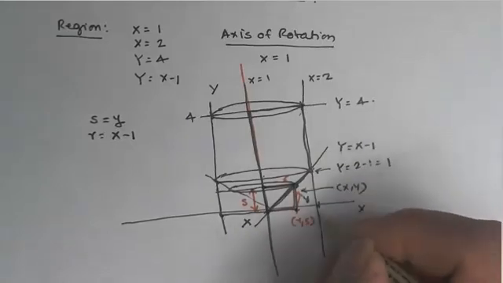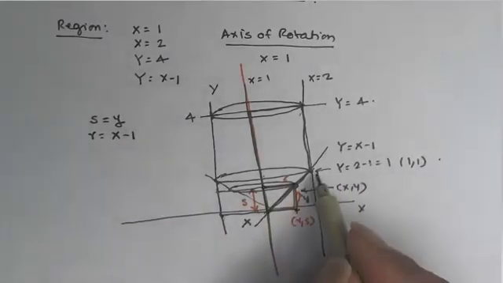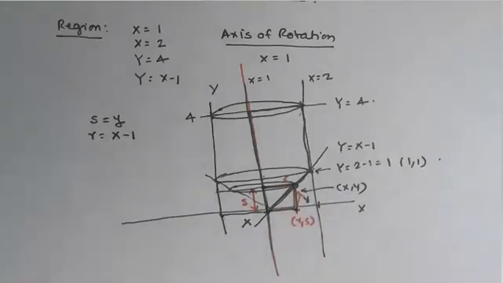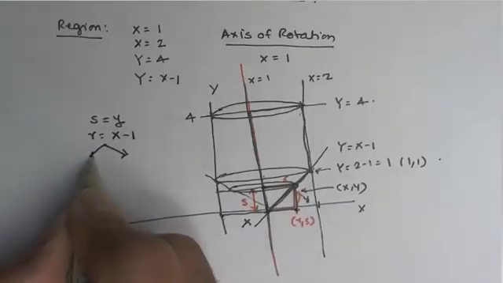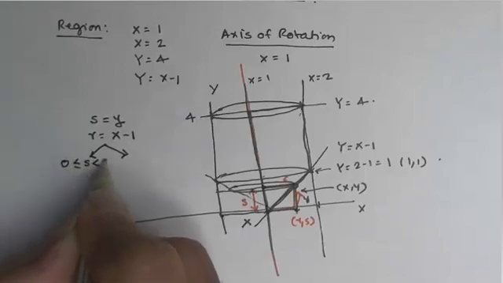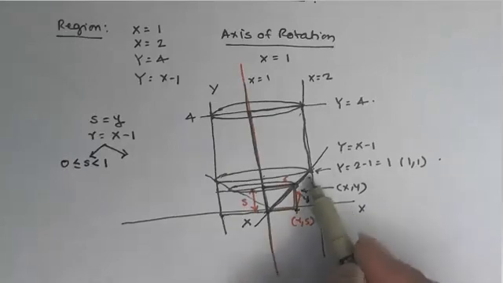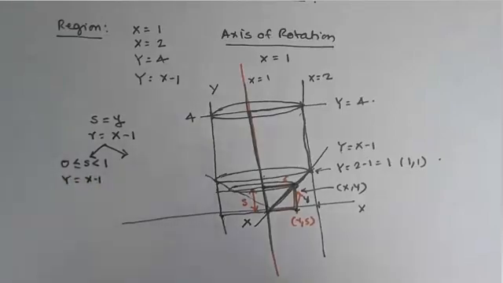So the coordinates of this point are 1, 1, which means for s between 0 and 1, so let me write a pair of equations. So 0 less than or equal to s, say less than 1, x and y lie on this line. So y equals x minus 1.